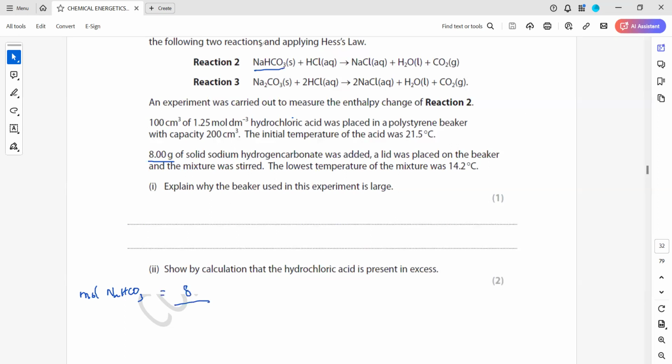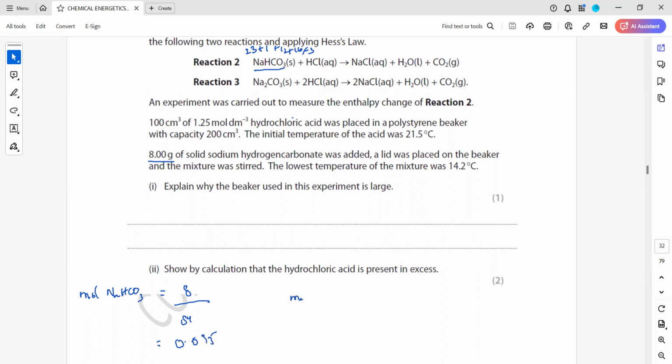Molar mass of sodium hydrogen carbonate: sodium is 23, hydrogen is 1, carbon is 12, and oxygen is 16 multiplied by 3. So that will be 84. When we divide, we get 0.095.